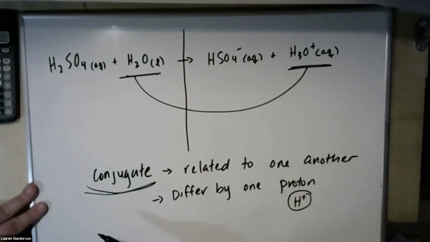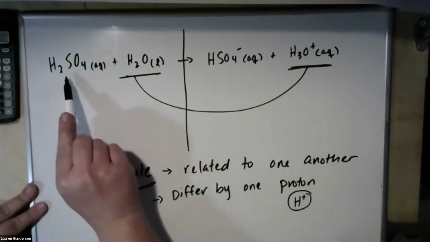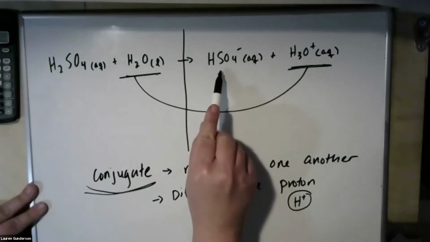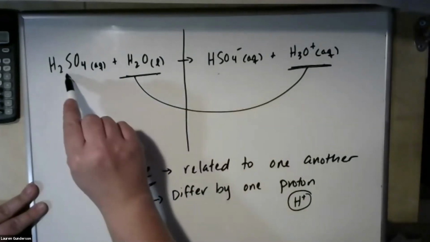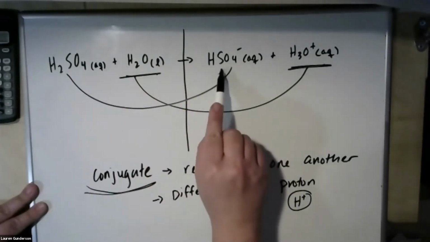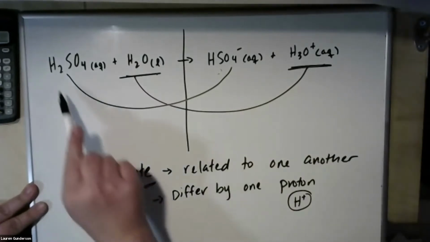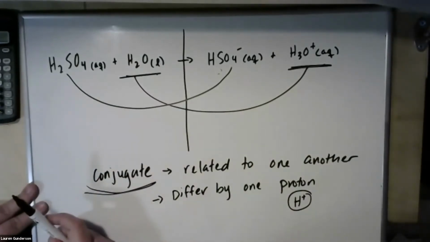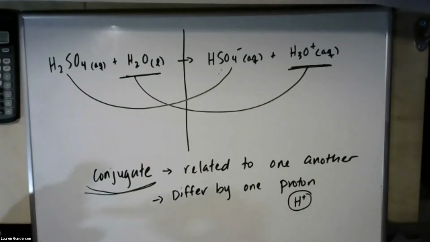Over here, the difference between H2SO4 and HSO4 minus is that the HSO4 minus looks like it lost one proton. That's how we find the things that make up our pairs.